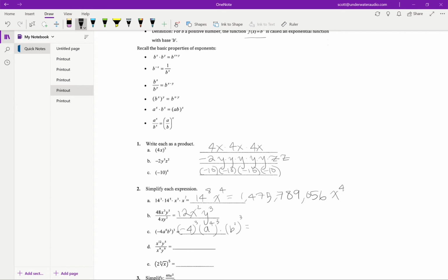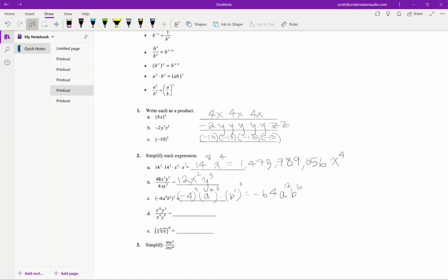So negative 4 times negative 4 is 16 times another negative 4, that's negative 64. And then a to the fourth to the third power, I'm going to multiply exponents. 4 times 3 is 12, a to the 12th. B to the second power to the third power would be b to the 6th. Okay, I think we're done with that one.